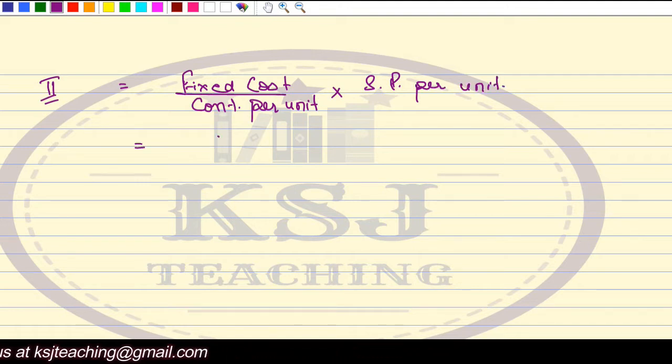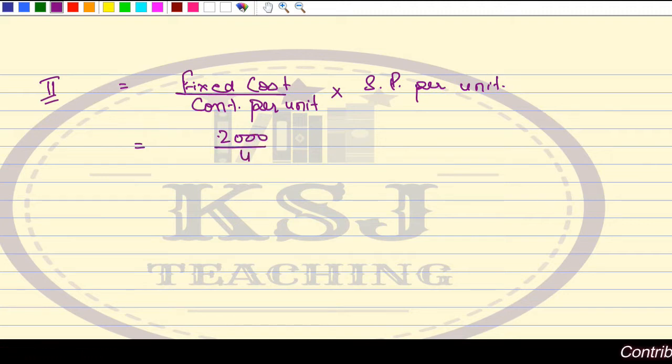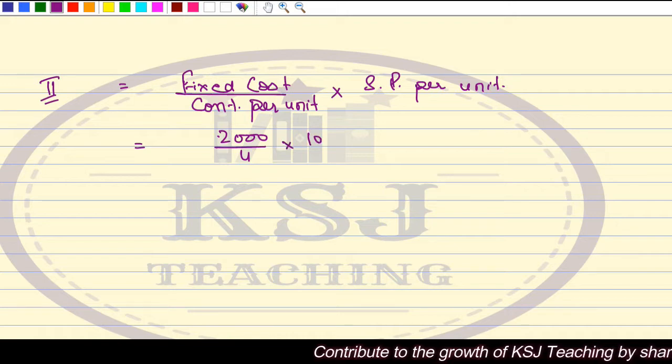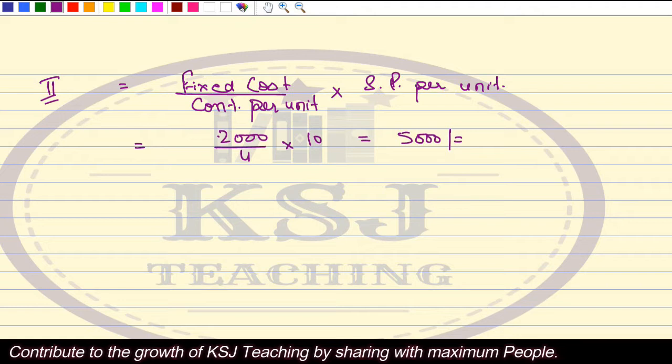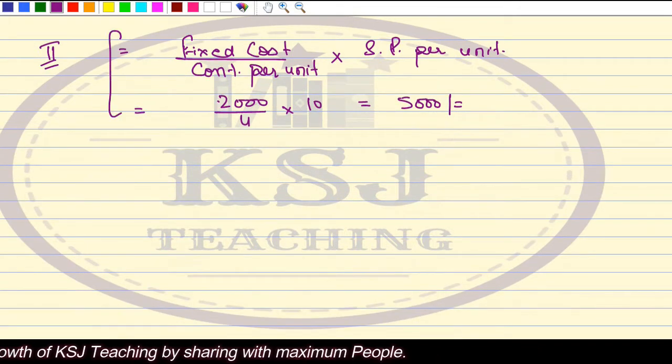Fixed cost is 2000 divided by contribution, that is 4, multiplied by selling price, that is 10. So you will get 5,000 rupees. Clear? So this is the second way.